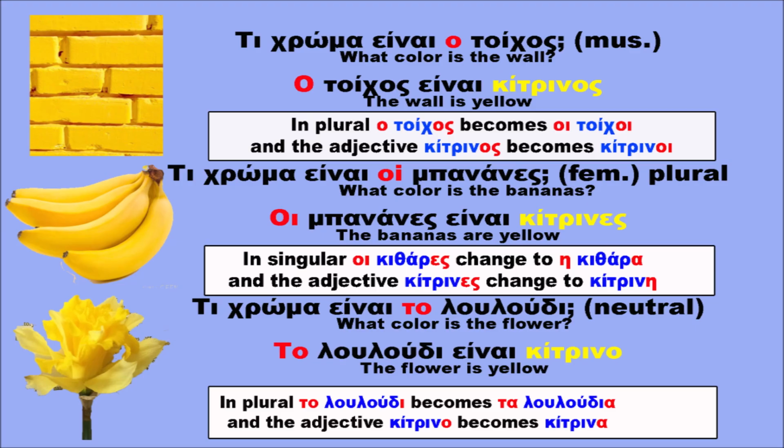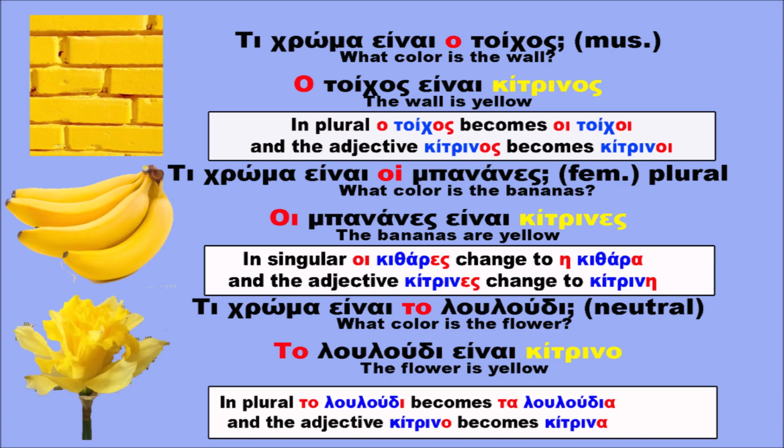Τι χρώμα είναι το λουλούδι? Neutral. What color is the flower? Το λουλούδι είναι κίτρινο. The flower is yellow.